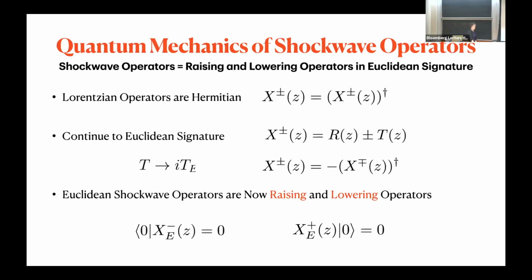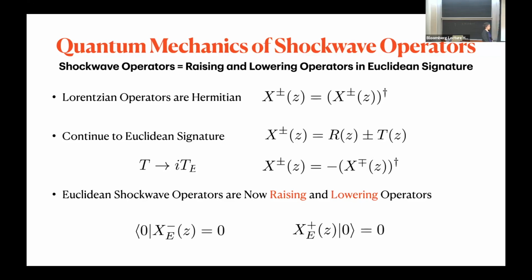So these light ray operators, x plus and minus, are Hermitian. And so x plus and minus now are r plus or minus t. So now if I continue to Euclidean signature, these operators are now anti-Hermitian operators.